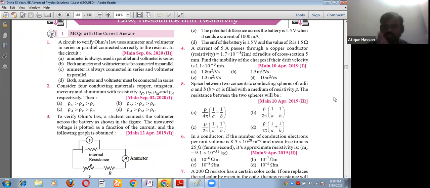Do this question, number 4. I think this is the same type of question. Solve this question number 4.